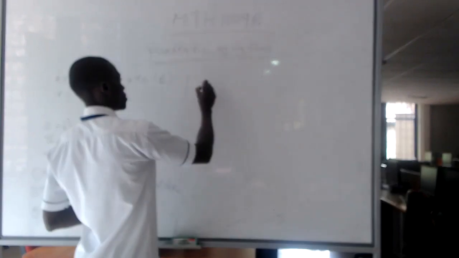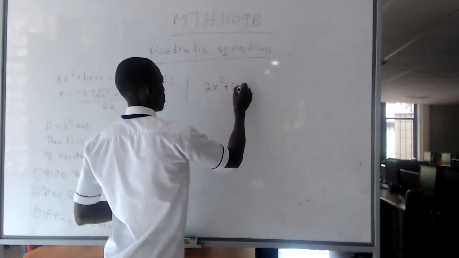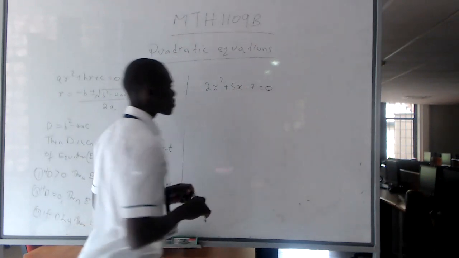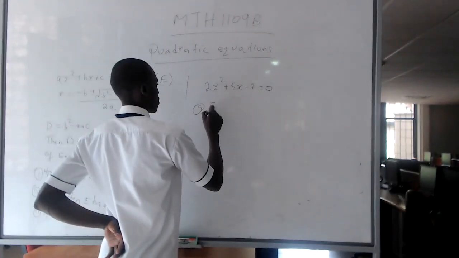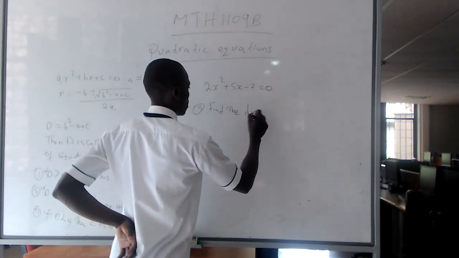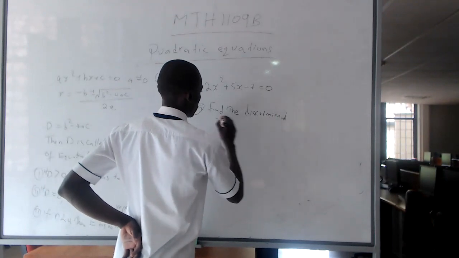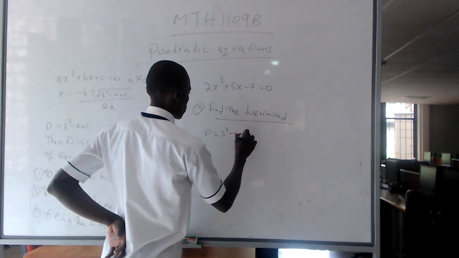Another example, suppose you have 2x squared plus 5x minus 7 is equal to 0. Find the discriminant. So part A, find the discriminant. We have defined the discriminant as b squared minus 4ac.